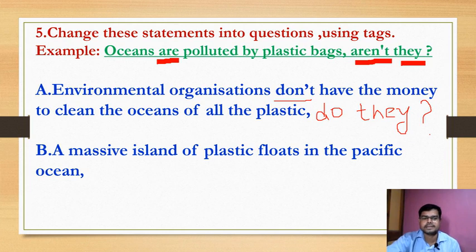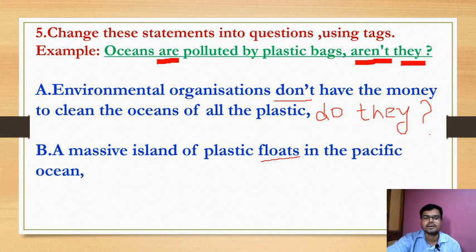Next sentence: a massive island of plastic floats in the Pacific Ocean. As you can see here, they have not given any helping verb, but whenever there is a singular verb or a simple verb, it simply floats.